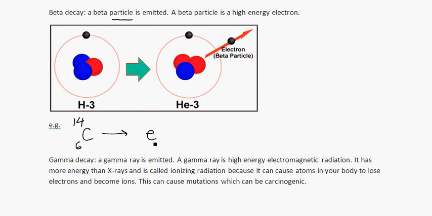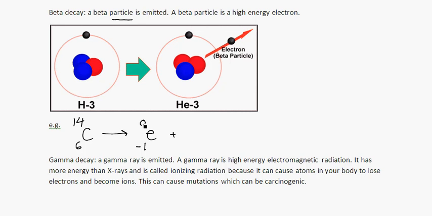Now the mass of an electron, although it does have mass, it's so small compared to protons and neutrons that we can just say its mass is 0. The charge of an electron, as you know, is negative, and if it's 1 electron we're drawing here, we'll say -1. So what else is going to be produced here?